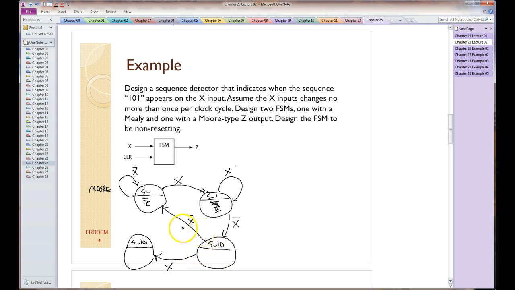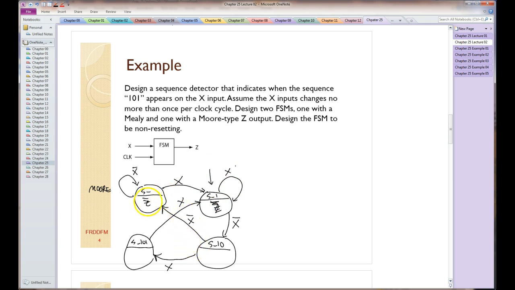That looks good. So if I get a 1, 1, 0, 1, and another 1, 1, 1 is not in the sequence, but it is the first value in the next sequence. So I get to go back to this state here, which means I found a 1.